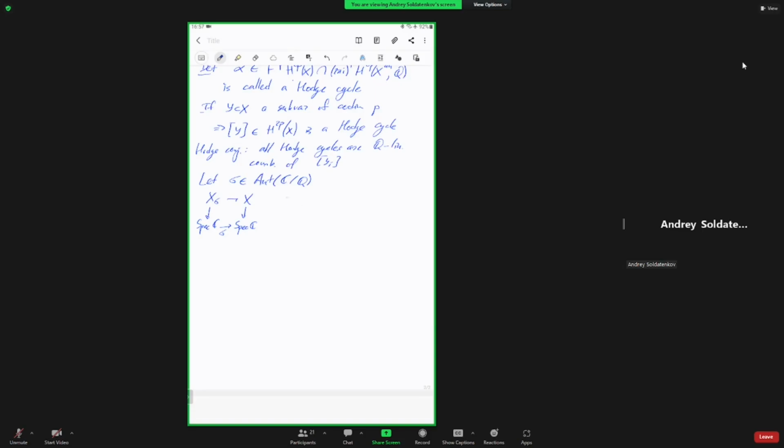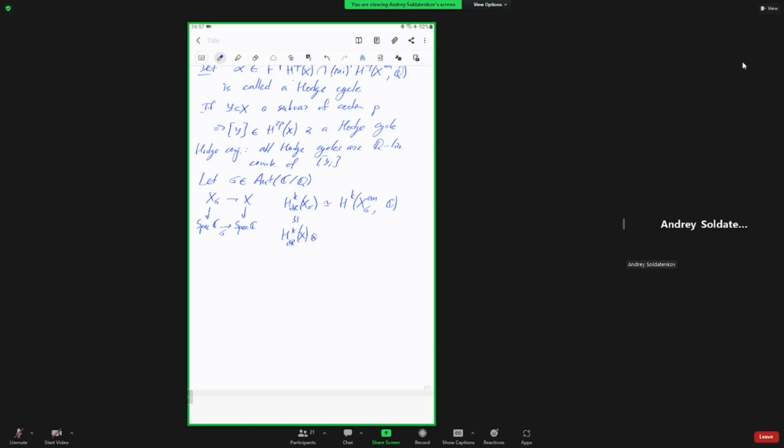So we can write the de Rham cohomology of X sigma, and again we know that it will be isomorphic to the singular cohomology of the corresponding complex analytic space. On the other hand, since this was obtained by base change, there is also the base change formula for the Deligne cohomology.